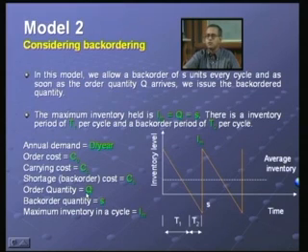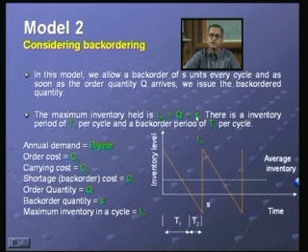Now we have two variables in this. Q, the order quantity, is a variable, and S, which is the quantity that is back ordered, S is also another variable. The maximum inventory held in this example is IM, which is q minus S. Now this becomes a dependent variable.